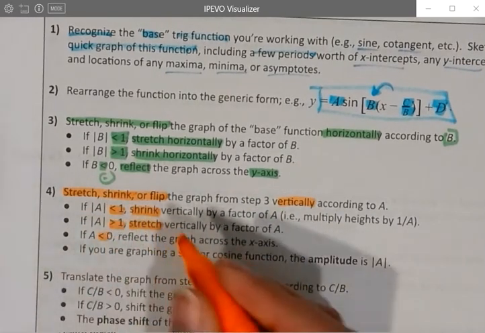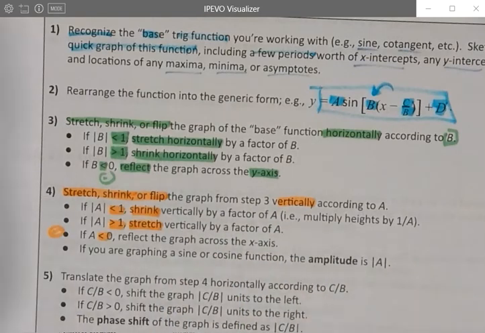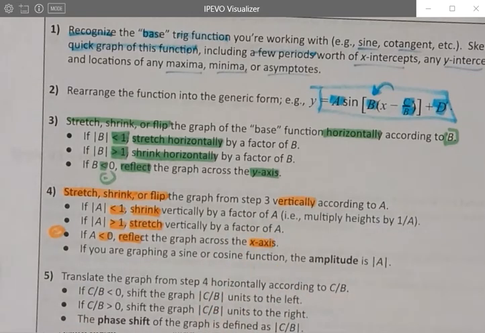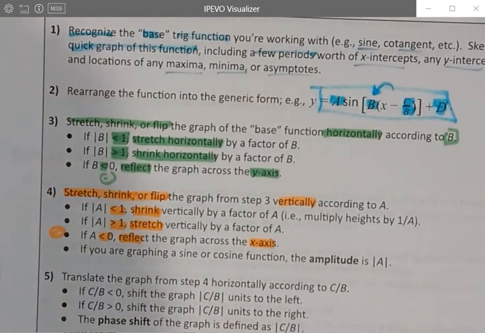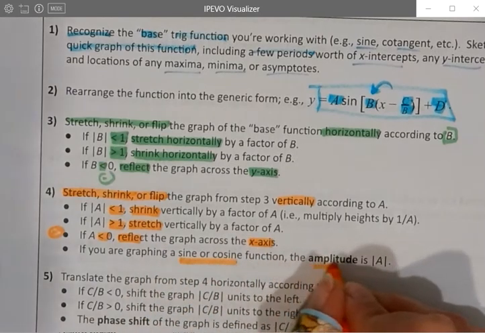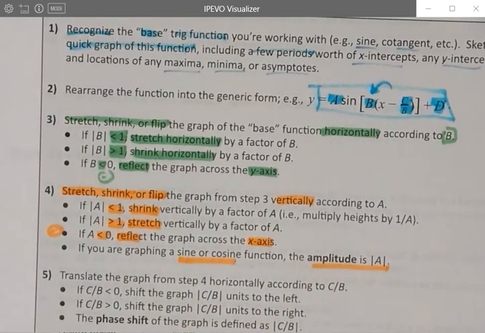And if A is negative, less than 0, then reflect across x. Furthermore about A, only if you're talking about the sine or the cosine functions can you talk about the amplitude, the absolute value of A. You don't use the word amplitude to discuss the other functions because they go infinite, just sine and cosine.